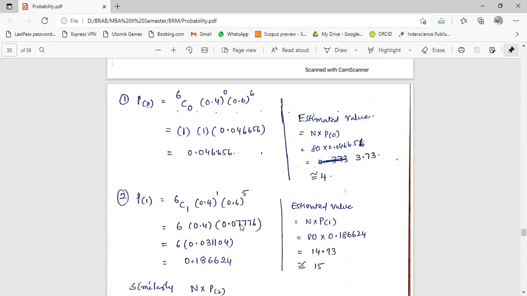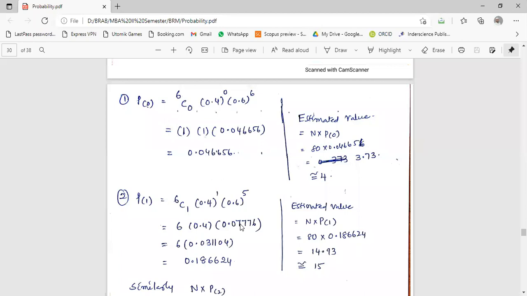So multiply this 0.4 into 0.07776. You will get 0.031104. Then you have to multiply that with 6. Now you will get 0.186624.